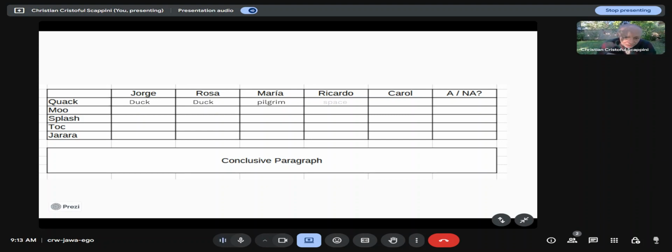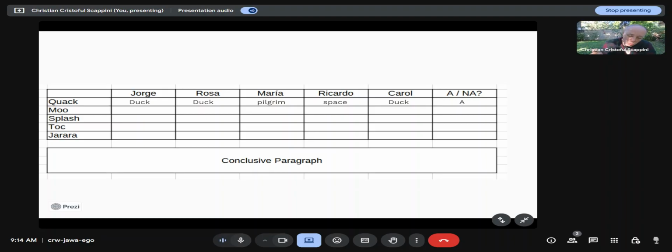Okay, and then Ricardo says space, because quack is more a small atom or something like that. I don't know, but he connected it and he said space. And Carol said that too. Because there is no agreement in the answers, we can conclude that the word quack is arbitrary. That there is no connection between the sound and meaning. That's why people got different answers.